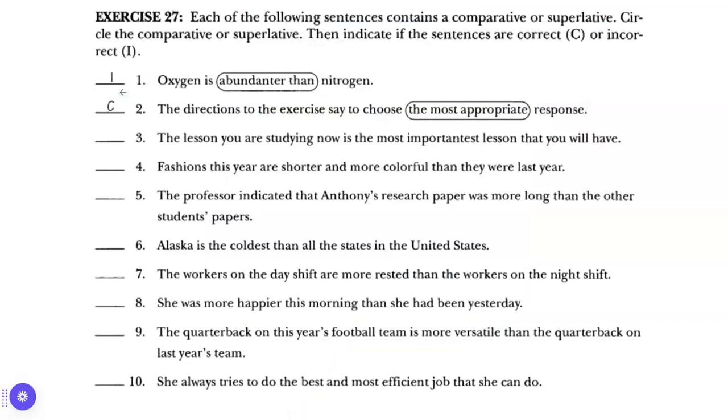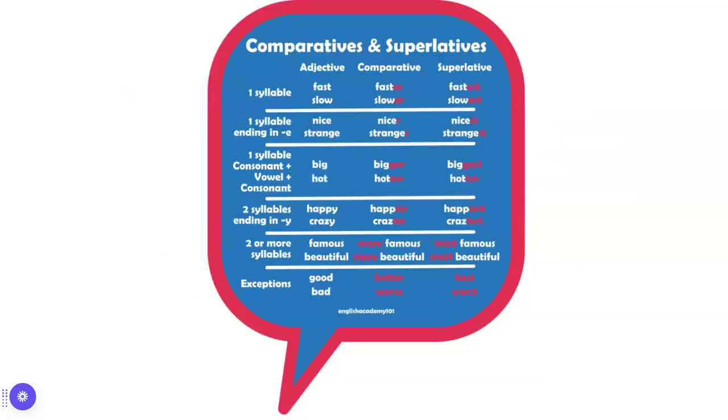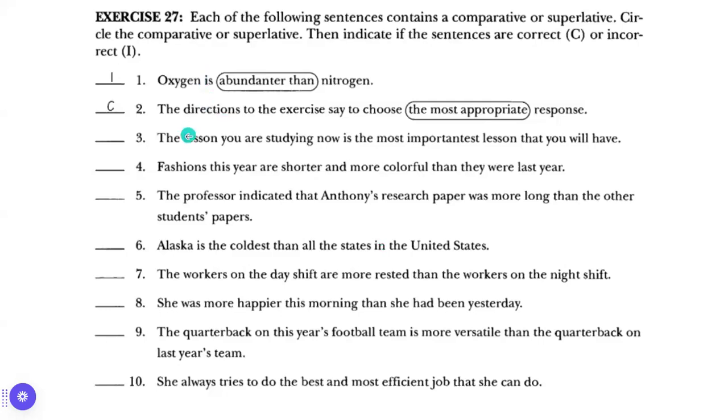Okay. So with that said, let's go to our exercise. For example, number 1, oxygen is abundanter than nitrogen. Now, abundant has two or more syllables, so I have to add "more abundant than." This is incorrect. The directions to the exercise say to choose the most appropriate response.